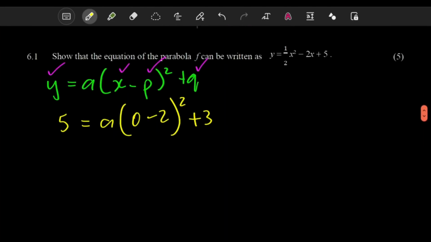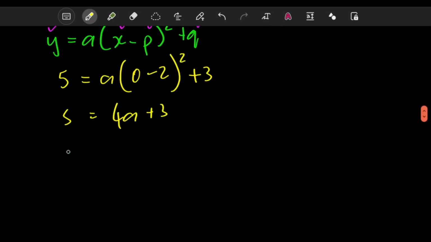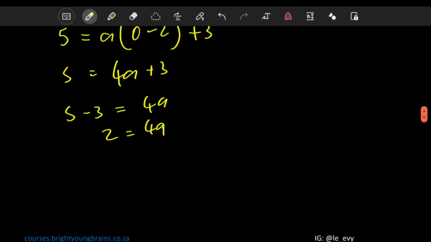So here, this squared is going to give you a 4. Solving for a, this is 5 minus 3, which is 2, equals 4a. Dividing by 4 on both sides, your value of a is going to be a half.